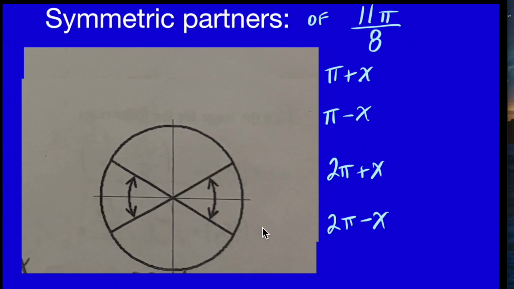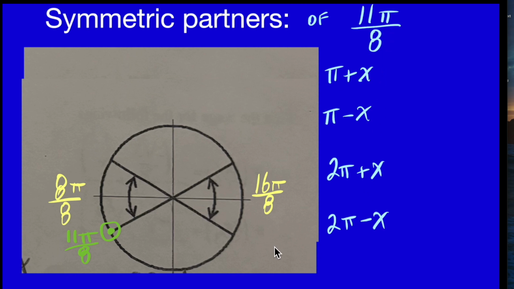Next, we are asked to find the symmetric partners of 11 pi over 8. In the world of 8s, we will be here at 8 pi over 8, and here at 16 pi over 8, representing pi and 2 pi respectively. 11 pi over 8, we're going to plot it right over here. Again, 11 pi over 8 is not our x in these formulas.